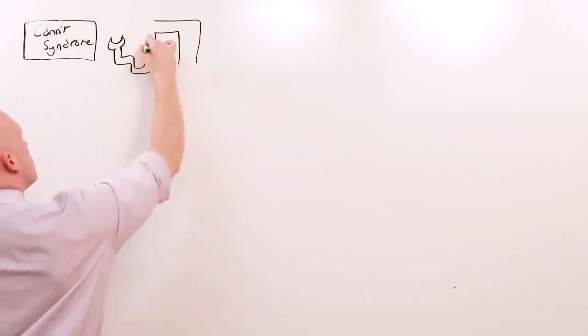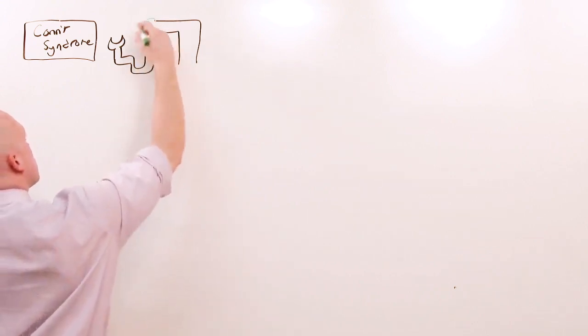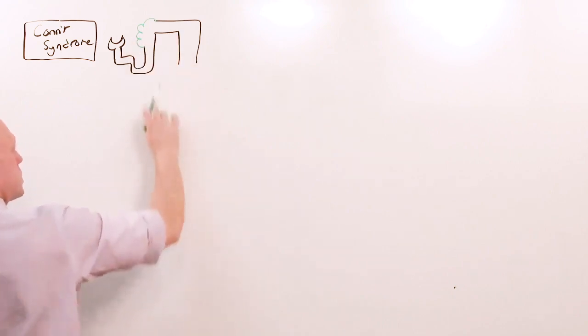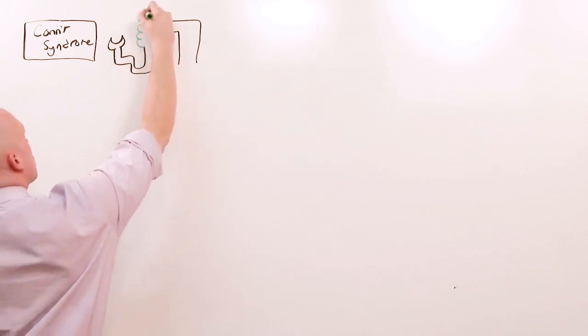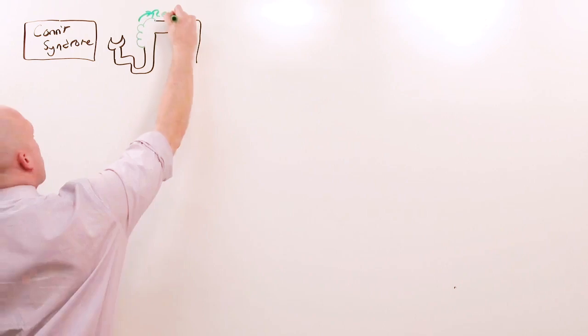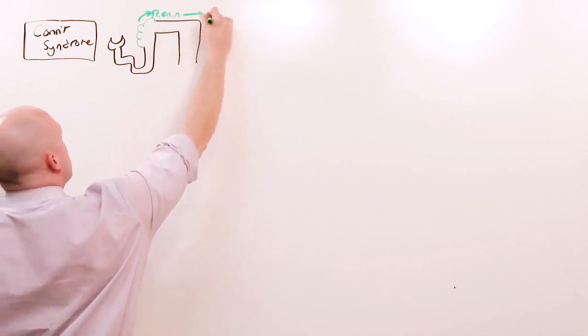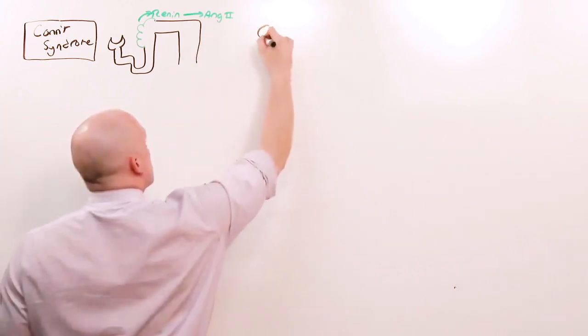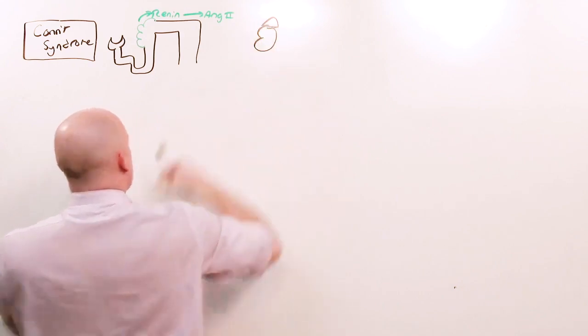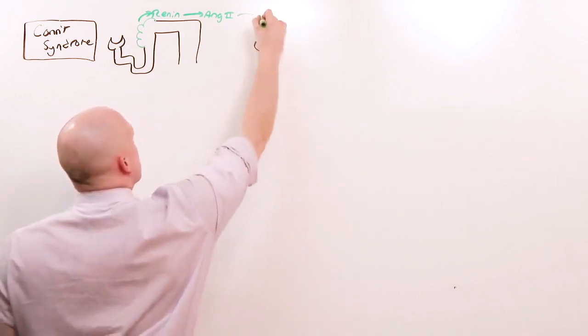We learned that in Addison's disease. In the renin-angiotensin-aldosterone axis, the JG apparatus secretes renin. And renin then turns on Ang2. And Ang2 tells the adrenal gland to make aldosterone.